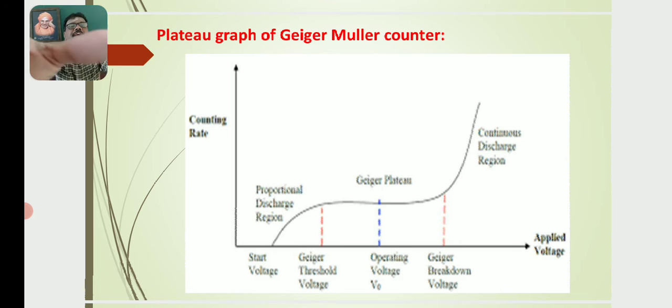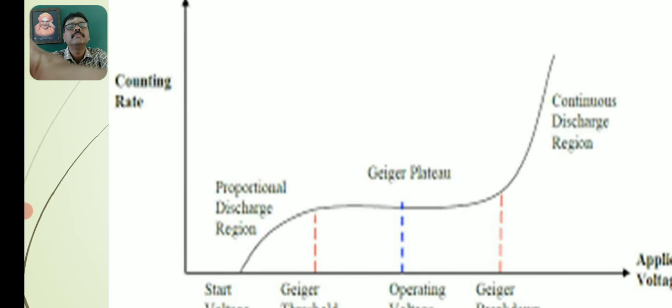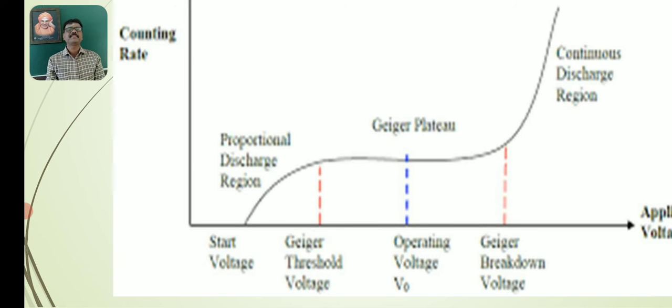So now you see the diagram. Here, as the voltage increases, at a particular stage the counting in the Geiger-Müller counter becomes constant. That particular voltage is called the Geiger threshold voltage.